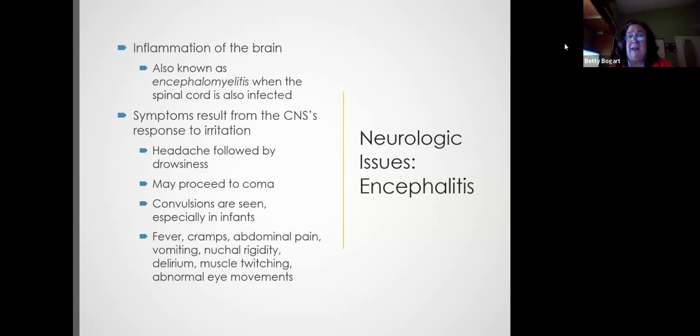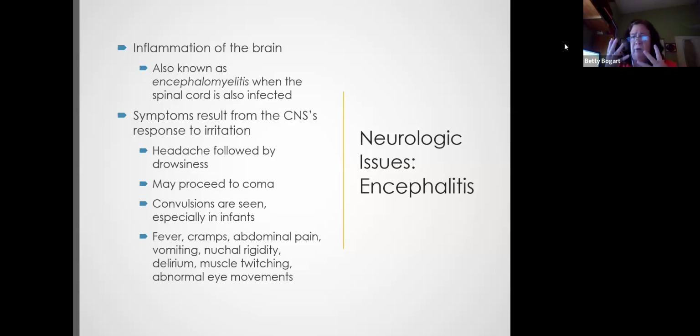So, encephalitis is just the brain. Think cephalic is brain, head, right? Cephalic is a head. That's all it is. Meningitis is the meninges in the head and the spinal column. That's a very important concept, okay? So encephalitis is headaches and drowsiness.